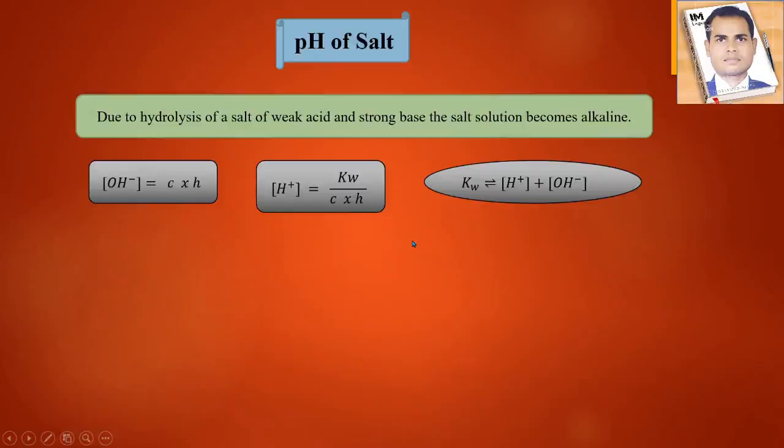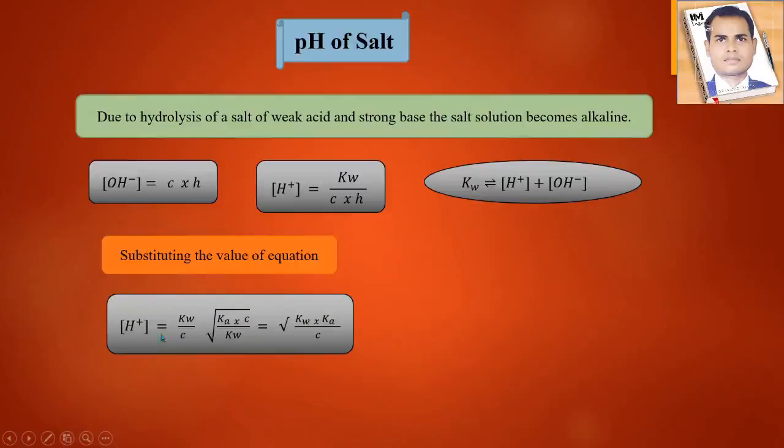Now, substituting the value of the degree of hydrolysis, small h, and this value, we have to substitute both values. So in this way you will take the H plus concentration equals Kw divided by small c into the square root of (Ka into c divided by Kw), which equals the square root of (Kw into Ka divided by c).